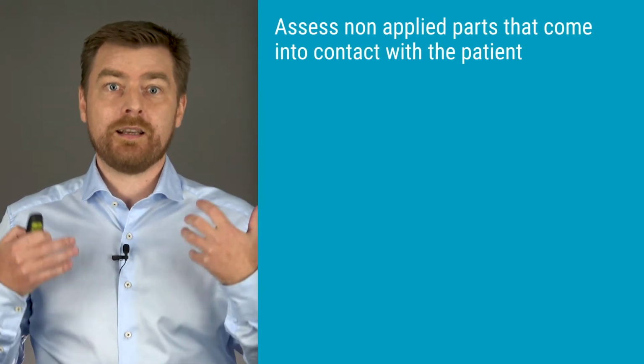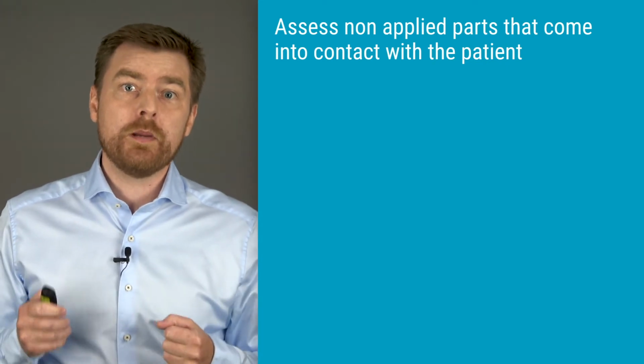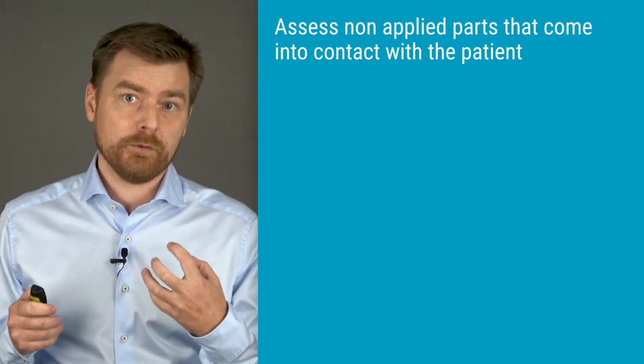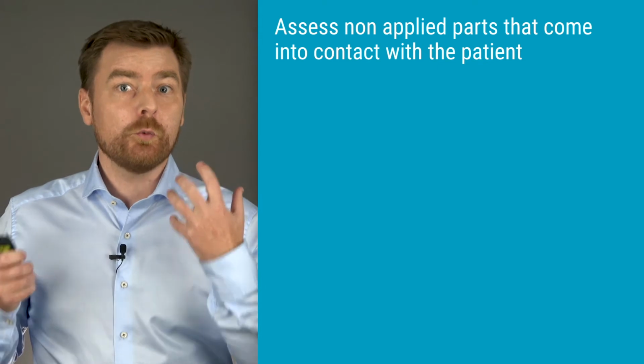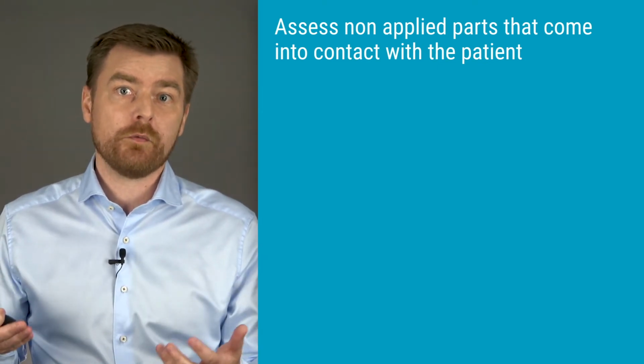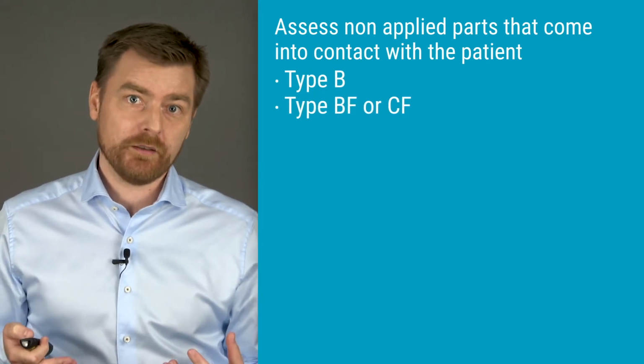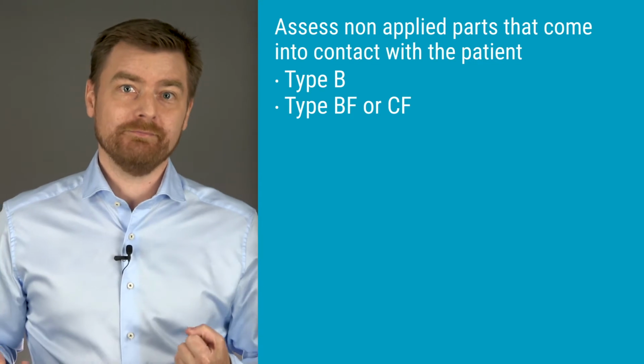You shall also assess parts that can come into contact with the patient, but do not meet the definition of an applied part. Your risk assessment determines if the part shall meet the requirements for a type B, BF, or CF applied part, except from labeling.